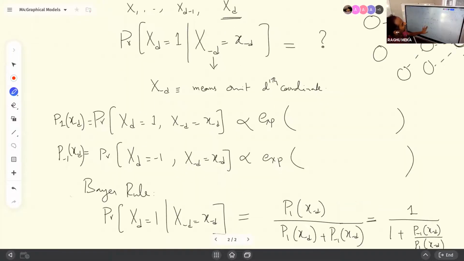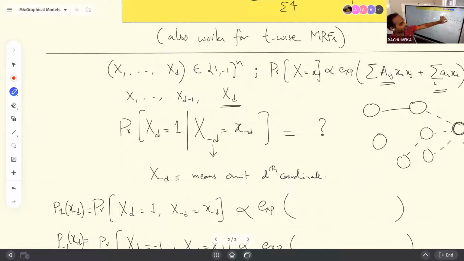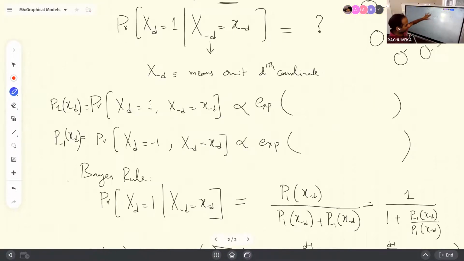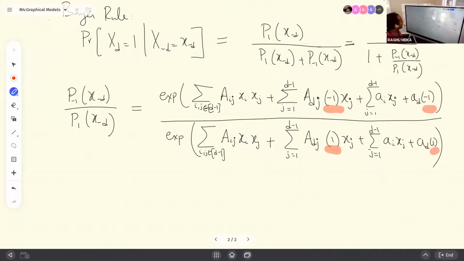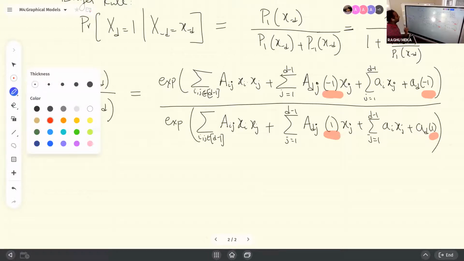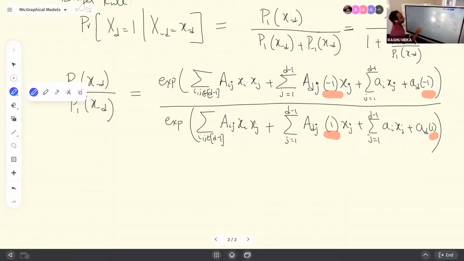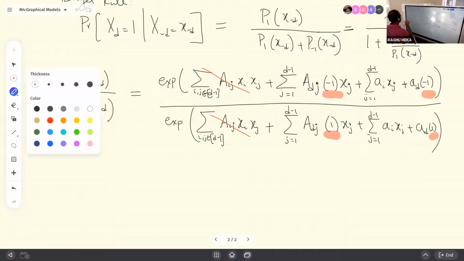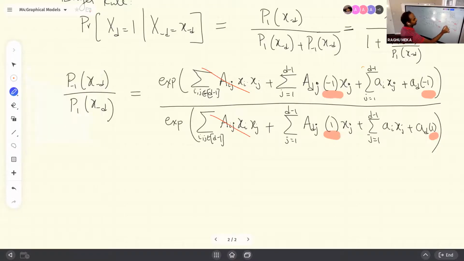So if I go back to the expression for the formula, only those things which involve the dth variable will survive when I take the ratio. Okay, so what happens when I take the ratio here? I get a lot of nice cancellations, right? This and this goes away, and this and this goes away. So what am I left with?